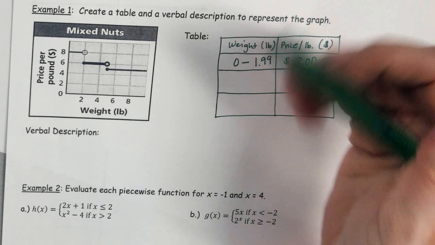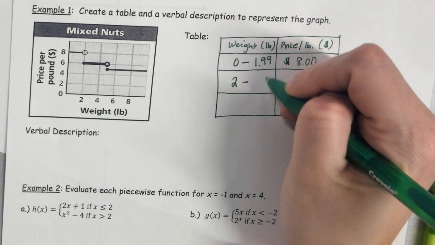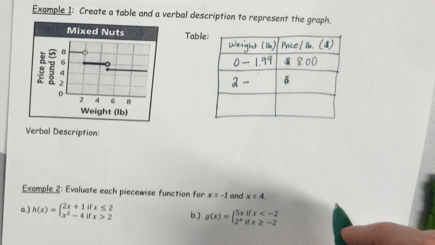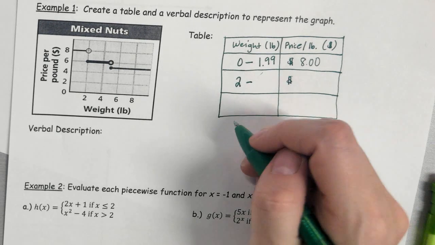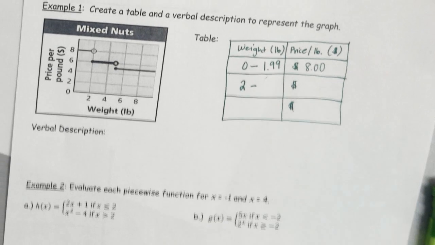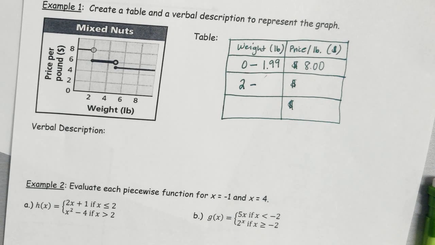This one has a closed circle, so it's going to start at 2, and then I want you to fill that in, and then fill in the price. And if you feel like you can do the last one, that's fine. You can definitely do the price for the last one. And then I want you to start thinking about your verbal description. So use the first one as a model for how you want to set that up. It's going to be very similar.